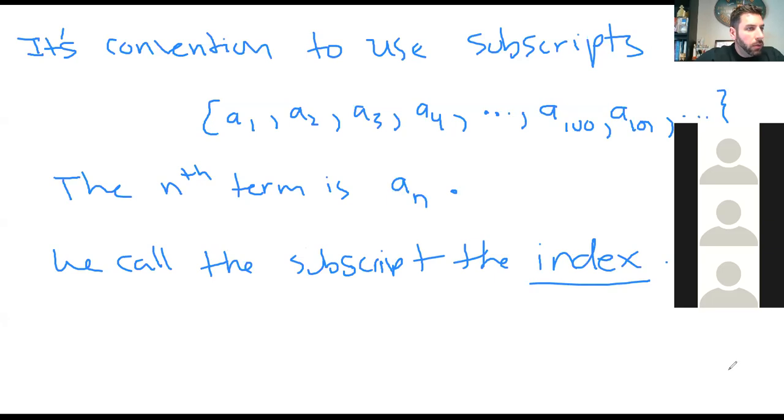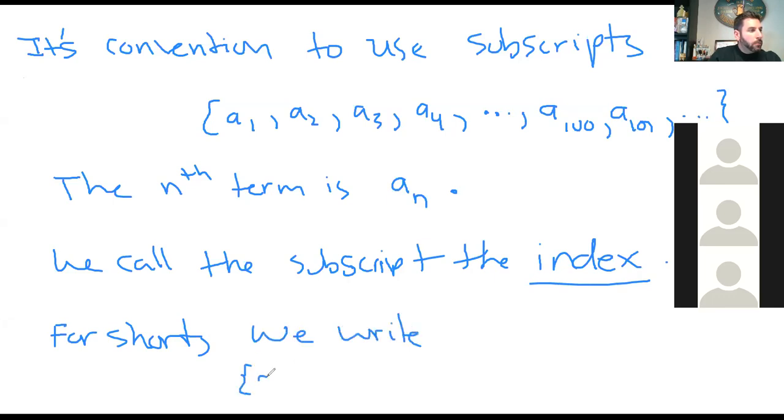Okay, so we don't like to write it like that. So for short, we might write A sub n in braces and say n starts at 1 and goes to infinity. And then we know that that means this.